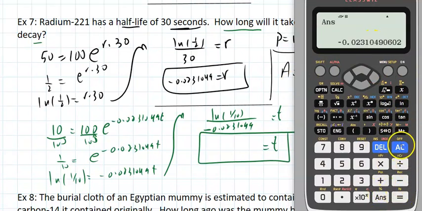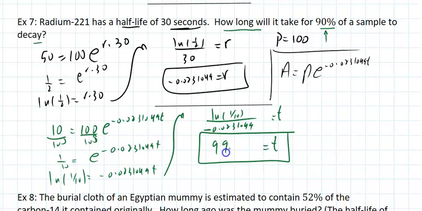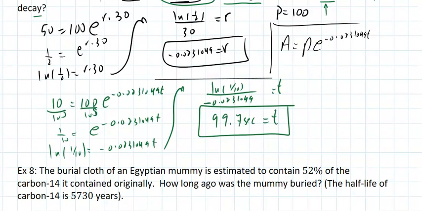So if I take natural log of 1 divided by 10 divided by the answer, it'll take 99.66, or 99.7, I'm sorry, seconds, for 90% of that to decay. So this is something you could use, but it's going to die out very quickly.